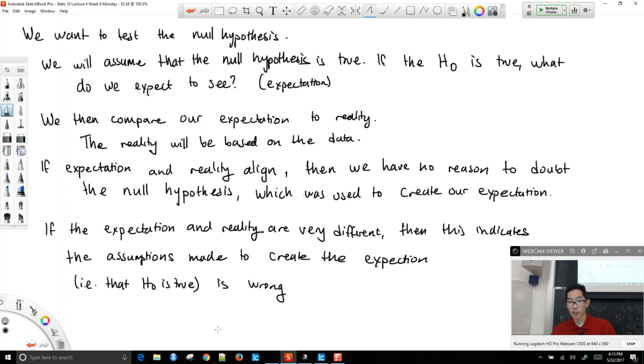The assumptions made to create the expectation are wrong. Okay, and so we would have reason to doubt that the null hypothesis is true. We have reason to believe the null hypothesis is false.